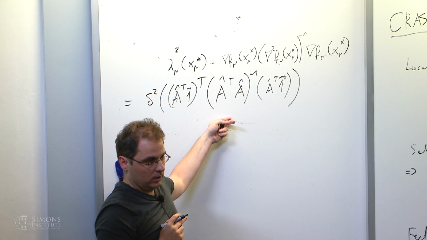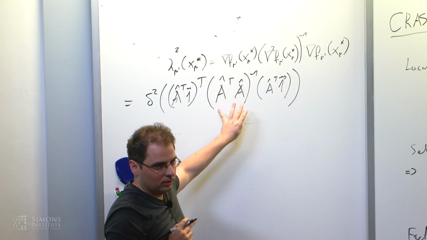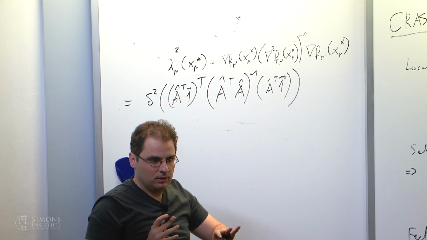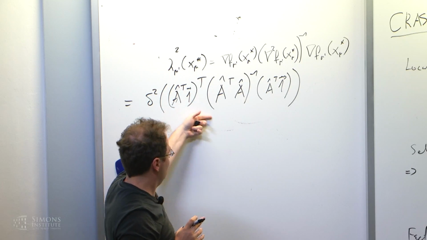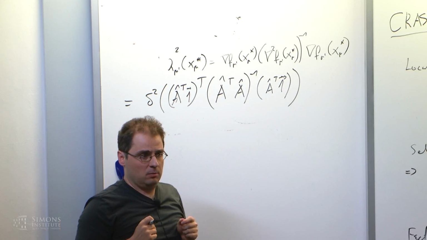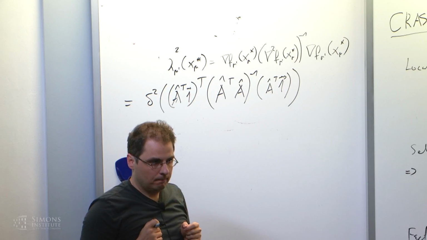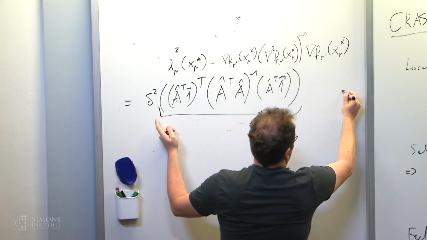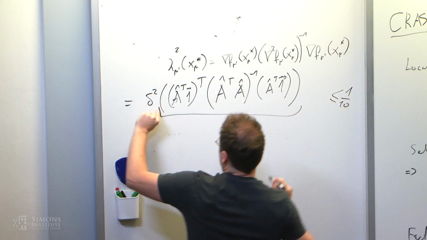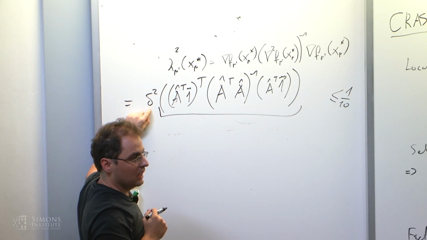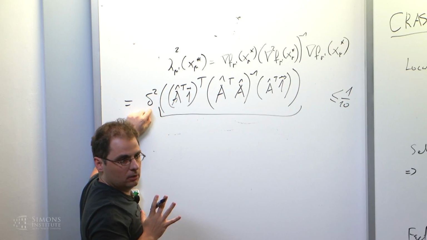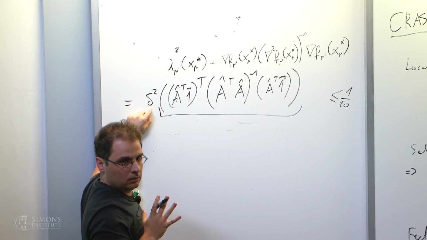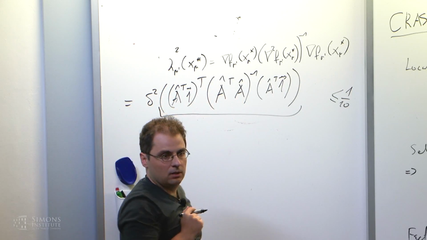That's what I want to evaluate. This is a very cool interpretation, but I will not go into it. I just want to understand how large this can be, because in the end I want this to be at most 1/10th, and it will tell me how small delta has to be for the condition to hold. So the only thing is to bound this.